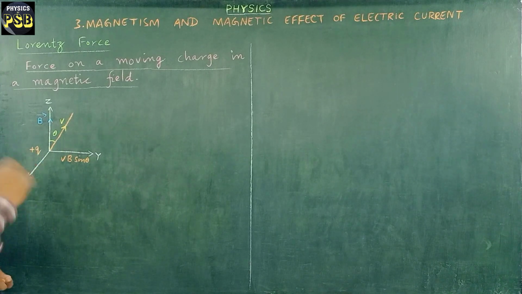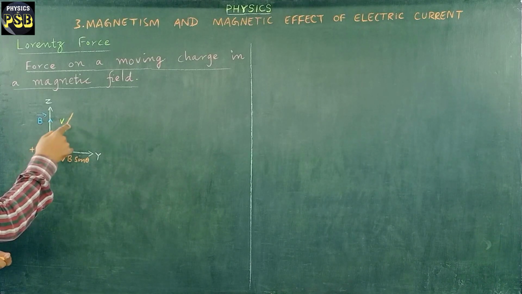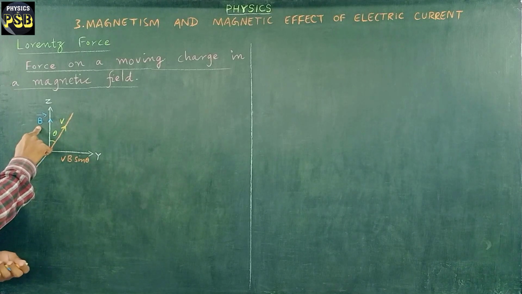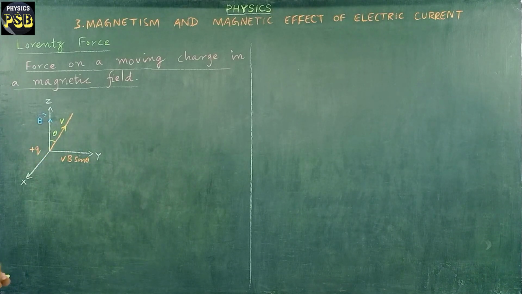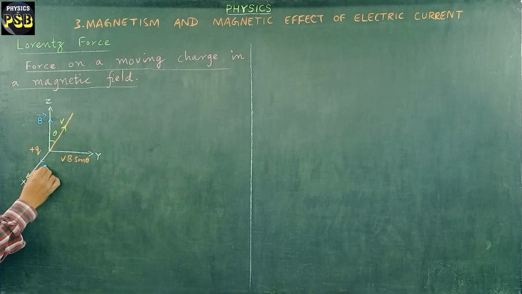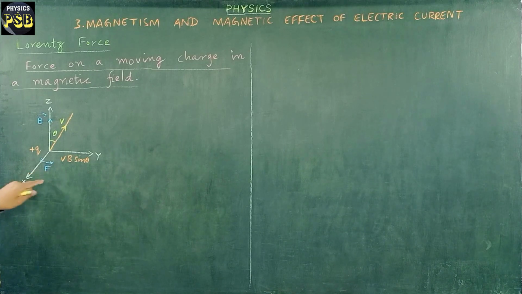Then as the plus q charge moves with velocity v along the yz plane in a uniform magnetic field B vector, a force acts on the charged particle, and the direction of that force will be along the x-axis in this way. This is the force acting along the x-axis. Clear?